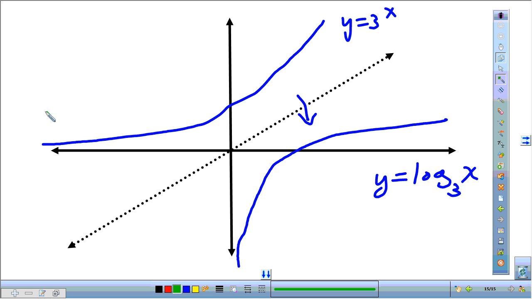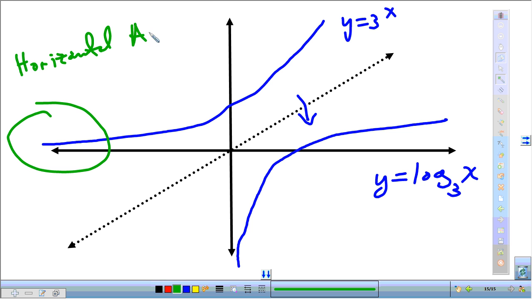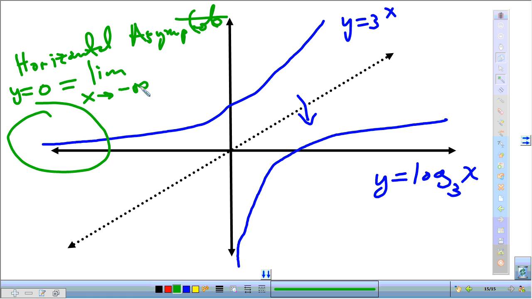Now, there are certain observations. We have a horizontal asymptote for the exponentials. In general, y equals 0 is that line, because 0 is the limit as x goes to minus infinity of 3 to the x.